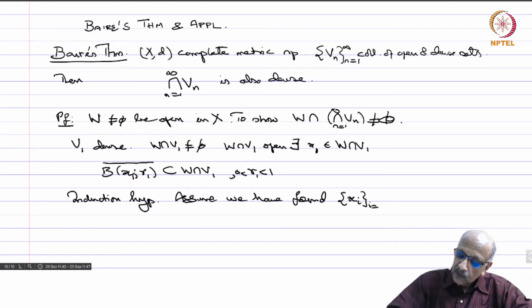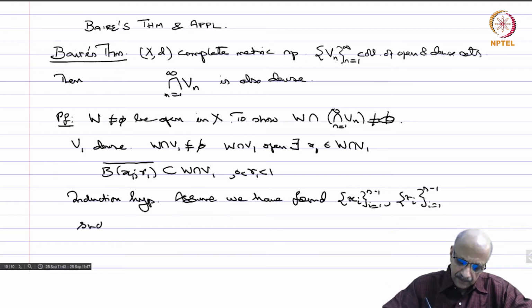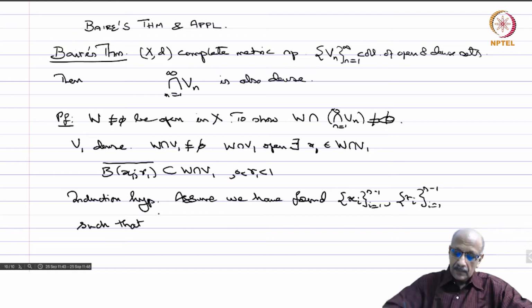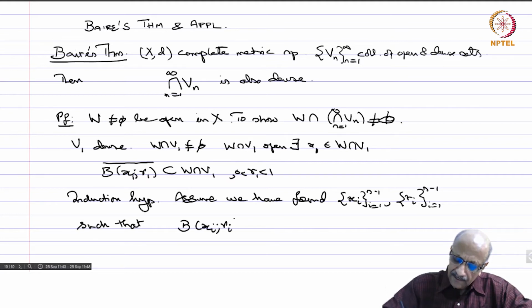Assume we have found xi, i equals 1 to n minus 1, and ri, i equals 1 to n minus 1, such that the closure of B of xi, ri is contained in Vi intersection B of x(i minus 1), r(i minus 1), for i greater than or equal to 1.